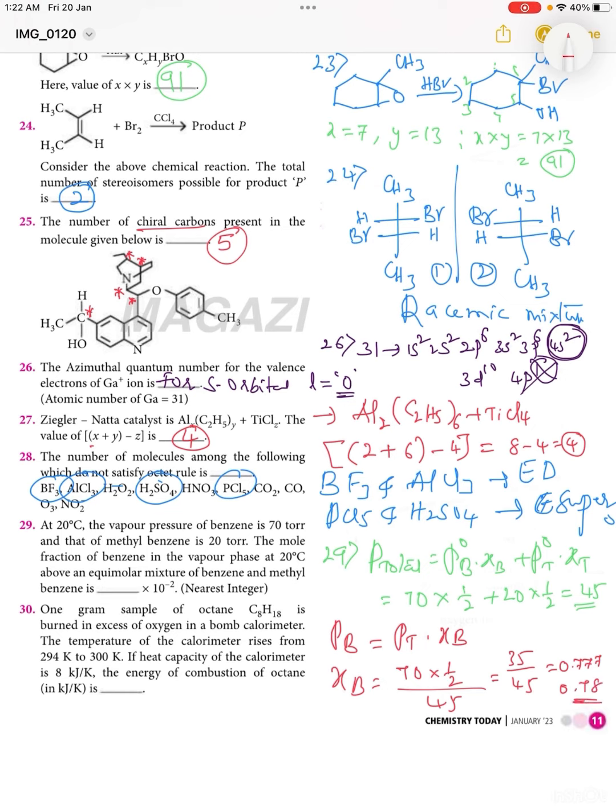So that is equals to 78 into 10 to the power minus 2. 78 is the answer.